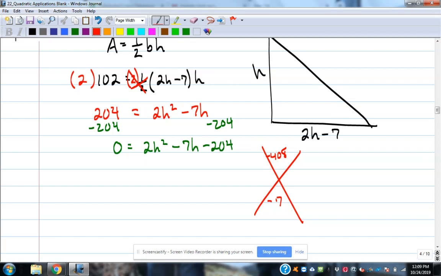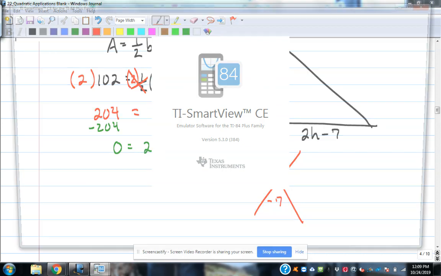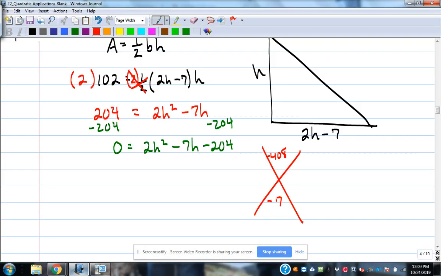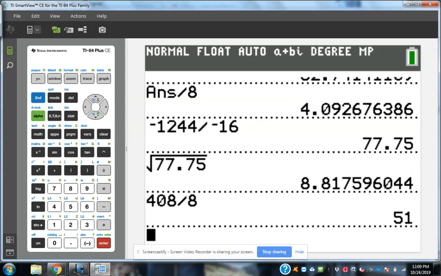So what do we know about 408? Yeah, it's fairly big. It's got a lot of factors anyway. Will? 24 and 17. How'd you come up with that? Just started guessing? That's absolutely fine way to go there. When I'm looking at it with 408, I'm thinking, okay, it's divisible by 8 because the last two digits are divisible by 8. So then I got an 8 and a 51.